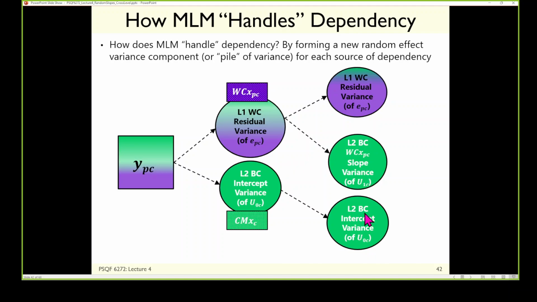So then the intercept stays the same, although it becomes conditional, and we're left with just these three piles of variance. So I'm putting a box around them to show that this is where we end up. The green circles have a covariance. Your intercept for your cluster gets to be related to your slope for your cluster. And I have the level 1 residual is mostly purple, but there's just a little hint of green in it.